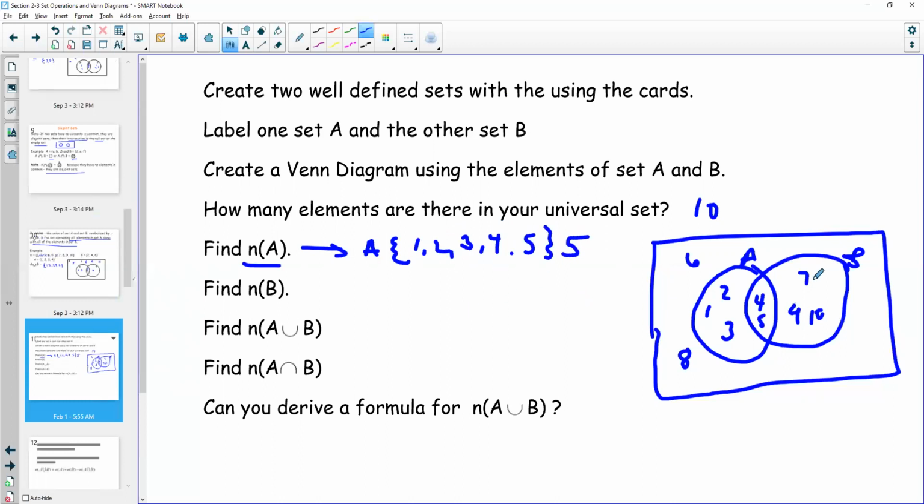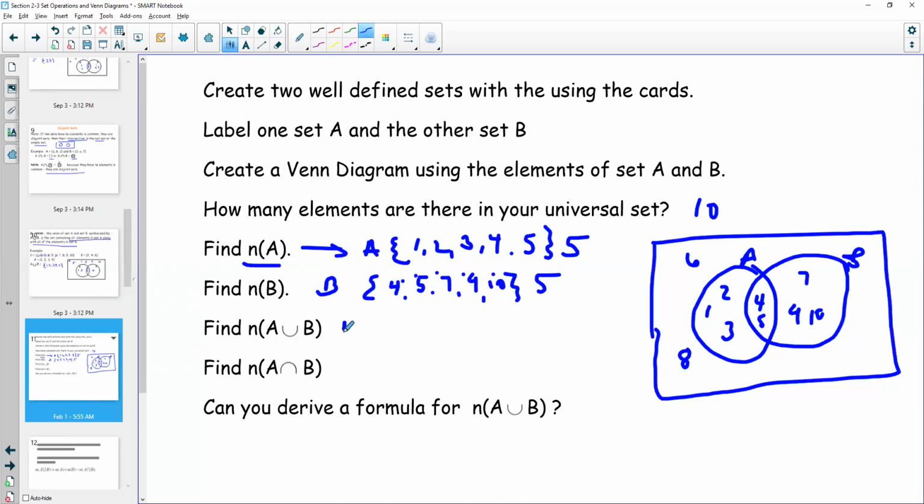All right, N of B. Let's see, what's in set B? 4, 5, 7, 9, 10. All right, so there's also 5 things in set B. 1, 2, 3, 4, 5. All right, what is A union B?